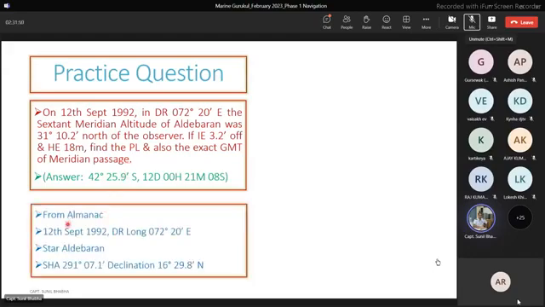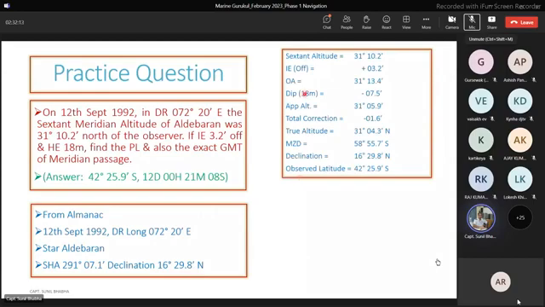We first go to the almanac on 12th September 1992, and for star Aldebaran we get the SHA as 291 degrees 7.1 minutes, and we obtain the declination of the star as 16 degrees 29.8 minutes north.